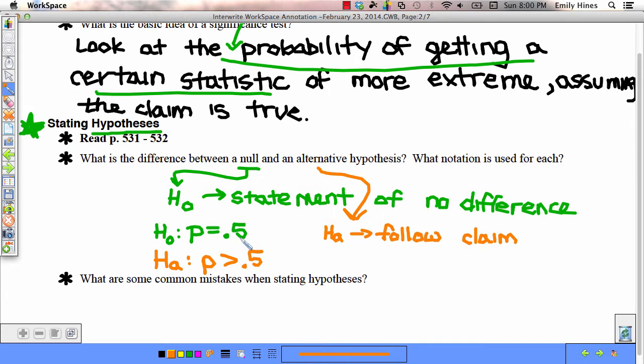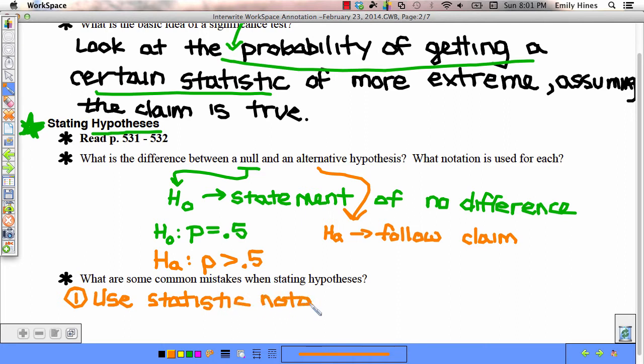Okay, common mistakes when stating hypotheses. The first common mistake is that students use statistic notation, sample notation, like X bar and P hat. We're going to know X bar and P hat because those are values from my samples.